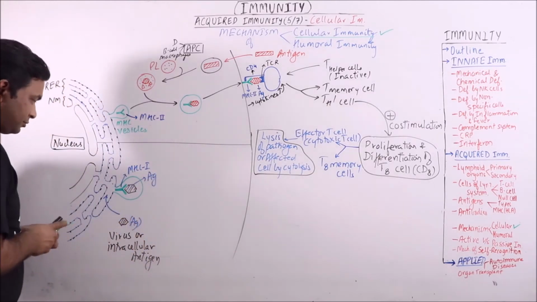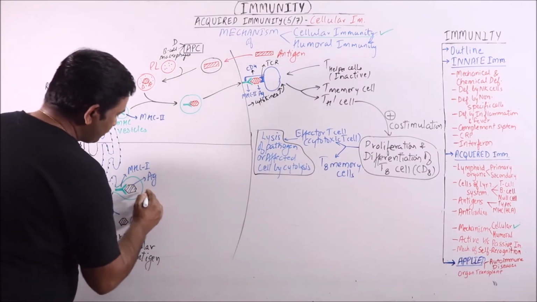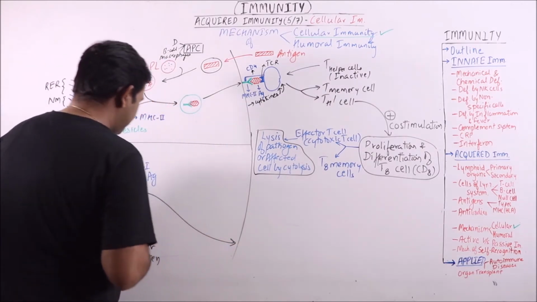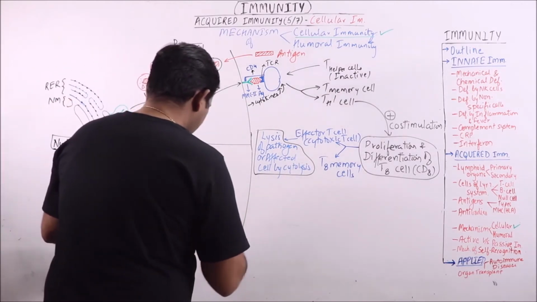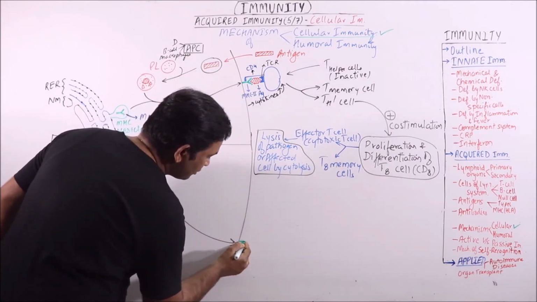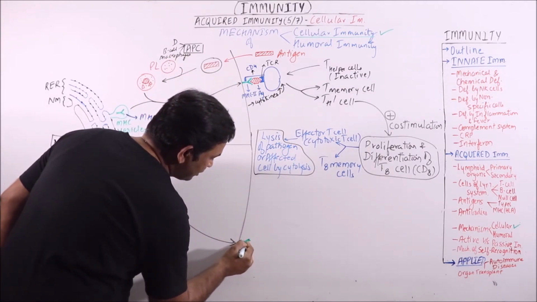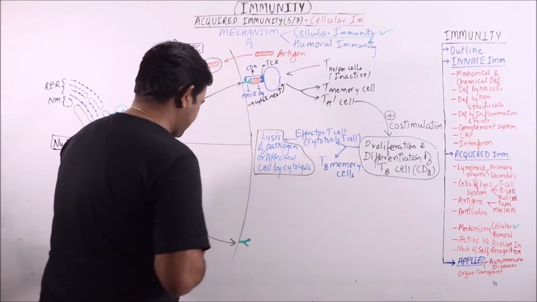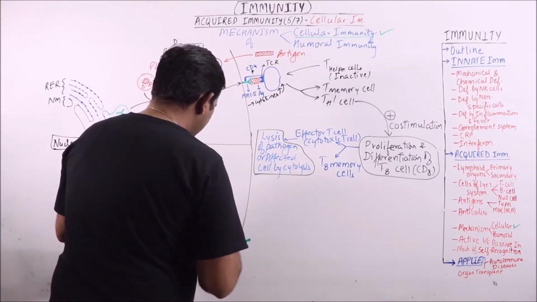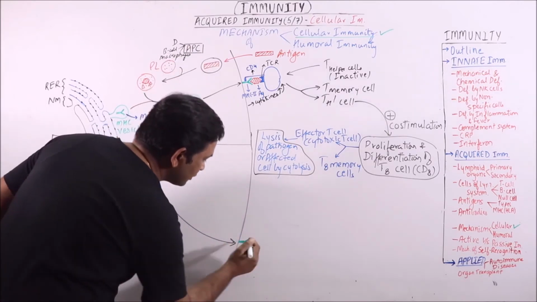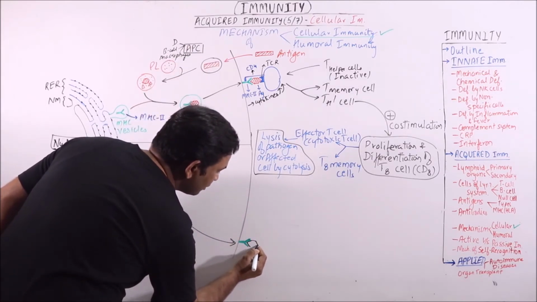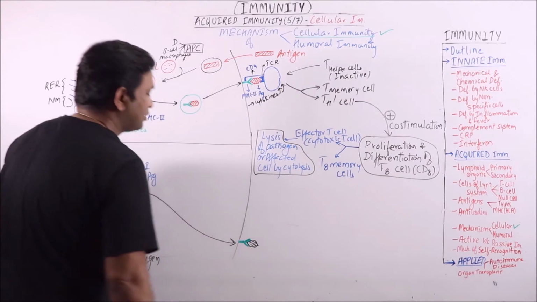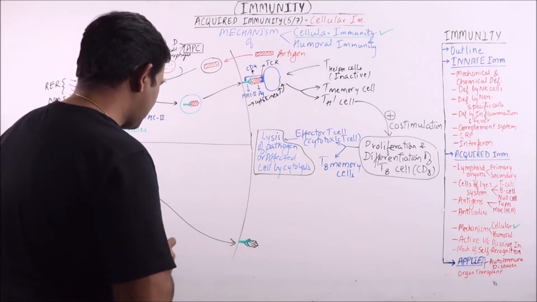This is antigen. Then this vesicle will be fusing with the membrane of the affected cell, and the MHC molecule will present the antigen on the surface.